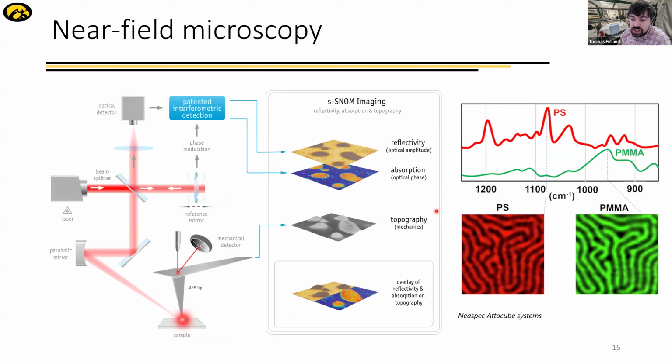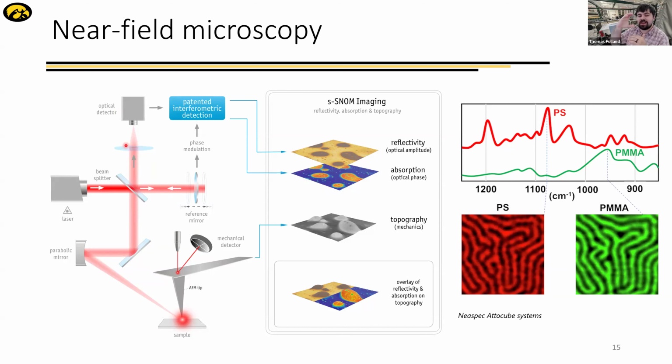Another technique that we don't actually do in my lab specifically, but I collaborate quite heavily for it, and I use user facilities to do that, is a technique known as SNOM, scattering-type scanning near-field optical microscopy, which is based on an AFM, where instead of just shining broadband infrared light on a sample and measuring what's reflected, you actually shine laser light on the tip of an AFM, and then you tap the AFM and demodulate the light scattered off this AFM at a multiple of the tapping frequency.